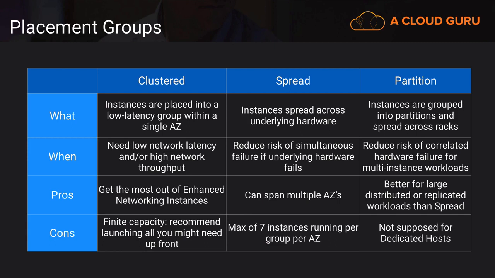As you'll see, it also doesn't support dedicated hosts. That kind of makes sense, because if you're putting everything on a dedicated host, you might as well be using a clustered placement group.